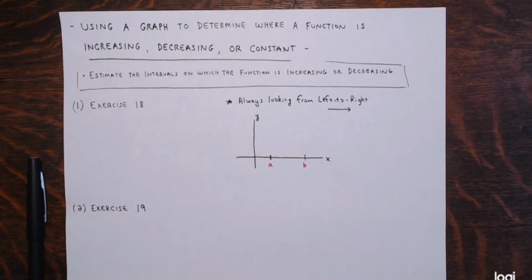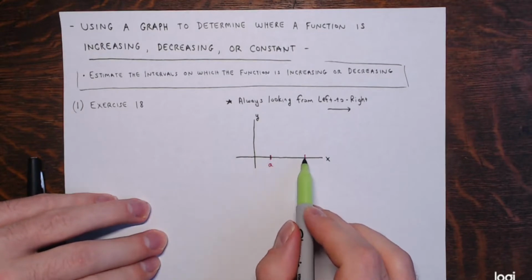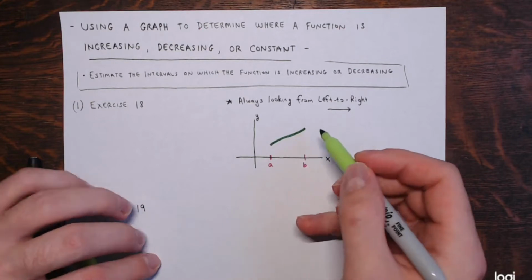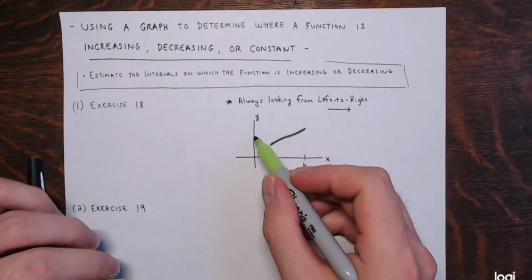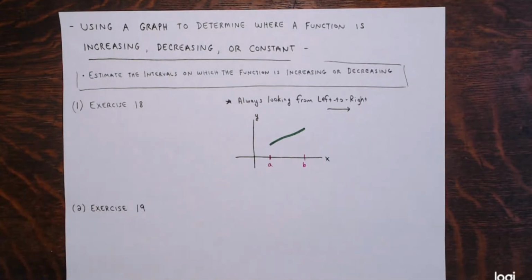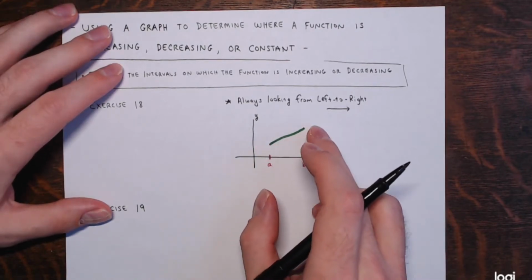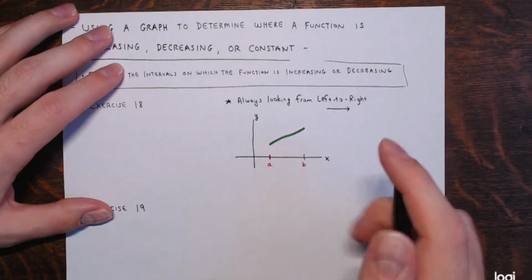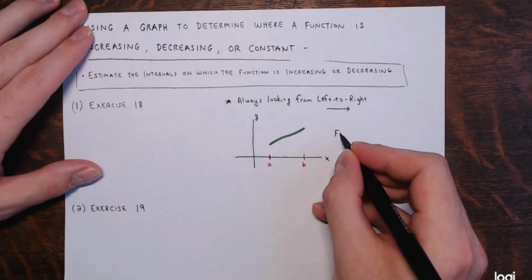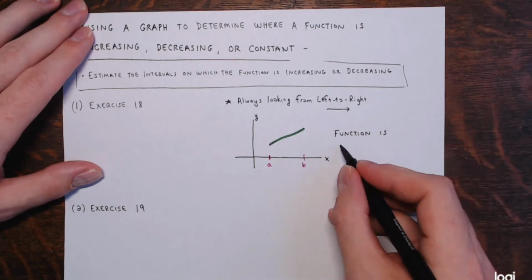If, as I look from left to right, as I go from x equals a to b, the graph of our function is going up, the y coordinates are increasing as the input increases, then instead of saying all that, they'll just say the function is increasing.